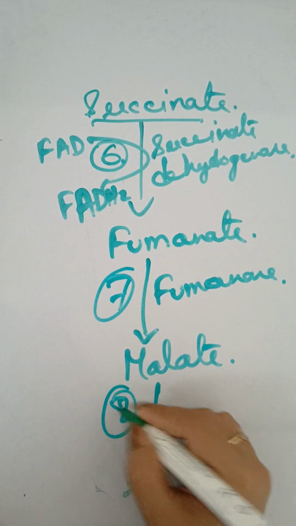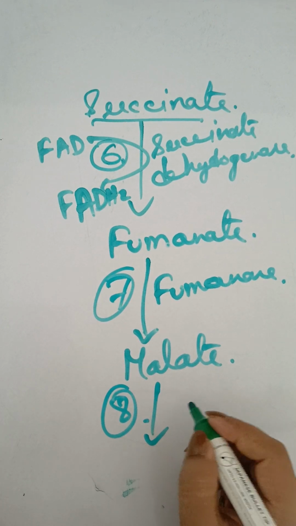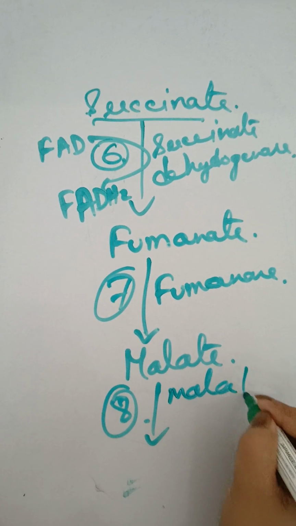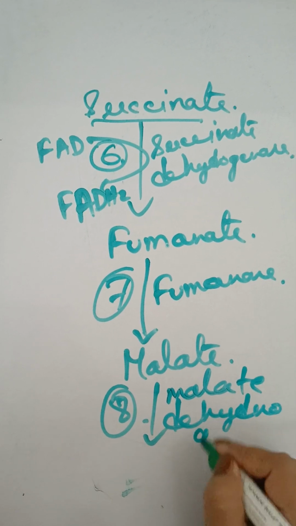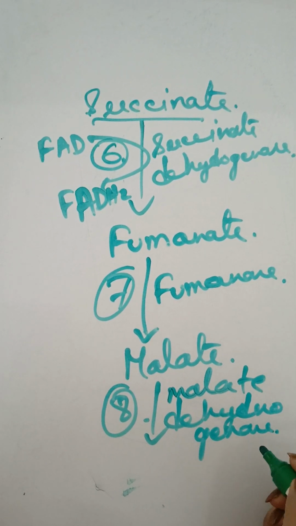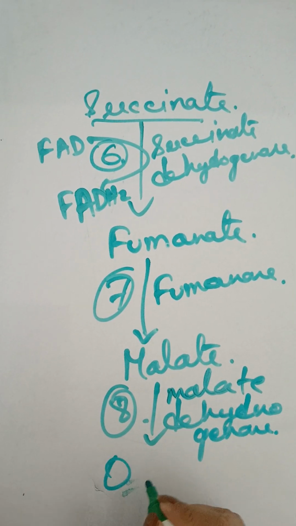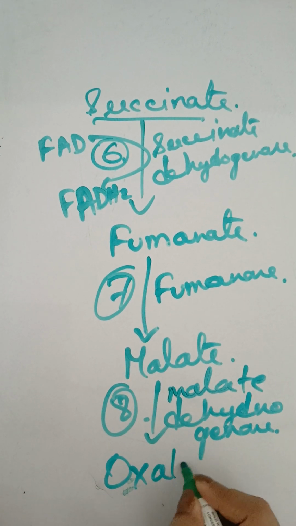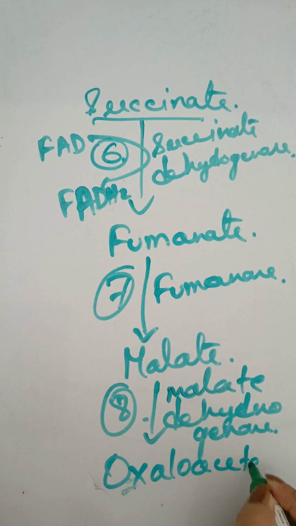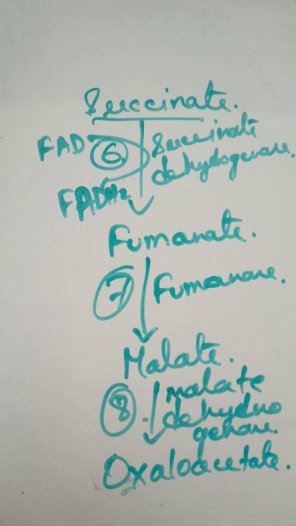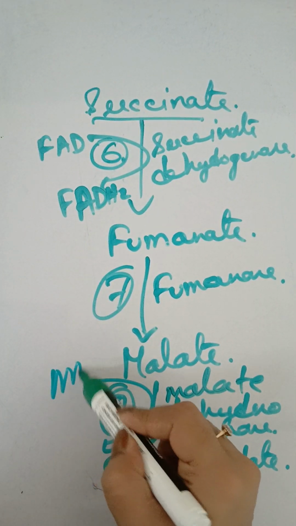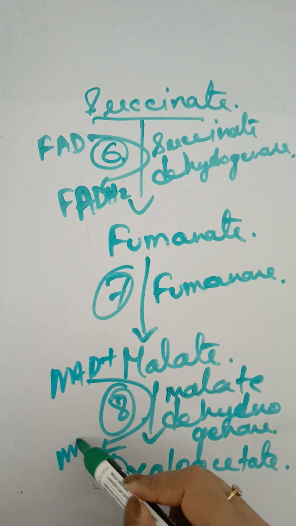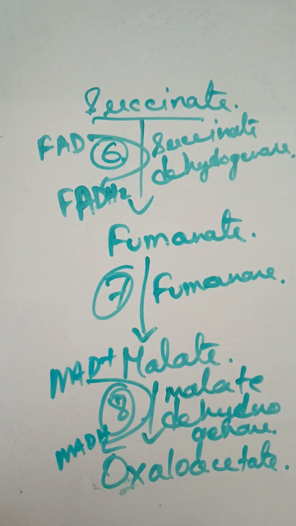Finally, at the 8th reaction, the last reaction step, with the help of malate dehydrogenase, oxaloacetate or oxaloacetic acid will be produced, and in this last step the final NAD plus will be reduced into NADH.